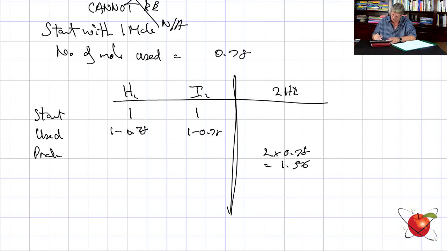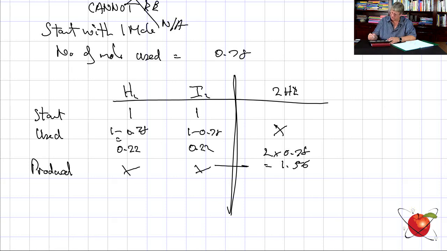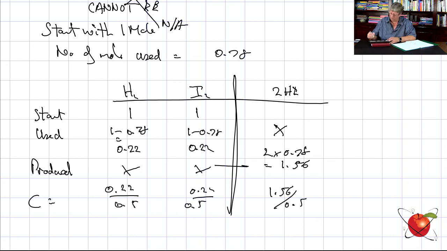Let me move produced down over here a little bit. Produced is this guy. Used is 1 minus 0.78, which is 0.22. And over here, 0.22. Therefore, concentration: I didn't produce any, I didn't use any. So concentration is going to be 0.22 over 0.5, 0.22 over 0.5, and this is going to be 1.56 over 0.5.